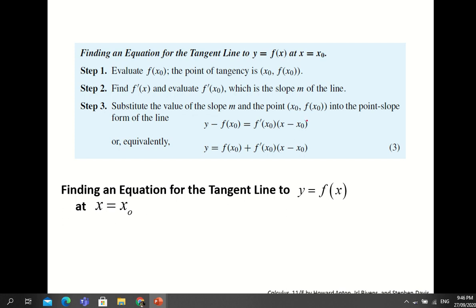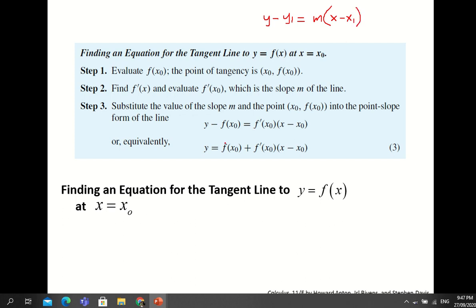In analytic geometry class, this is the same as when you say y minus y1 equal to m times x minus x1. Okay, so they're just the same, if you can still remember this from our analytic geometry.